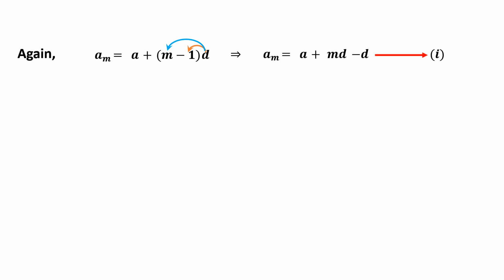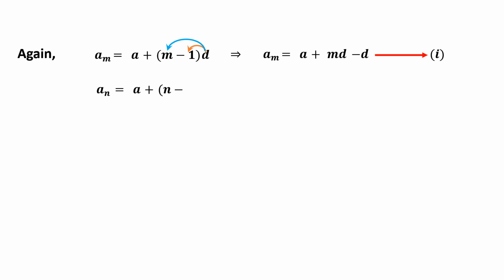Again, am equals, in place of n we have m here, a plus m minus 1 into d. Let us open the brackets. Am equals a plus md, m into d is md, 1 into d is d. Take this as equation 1.